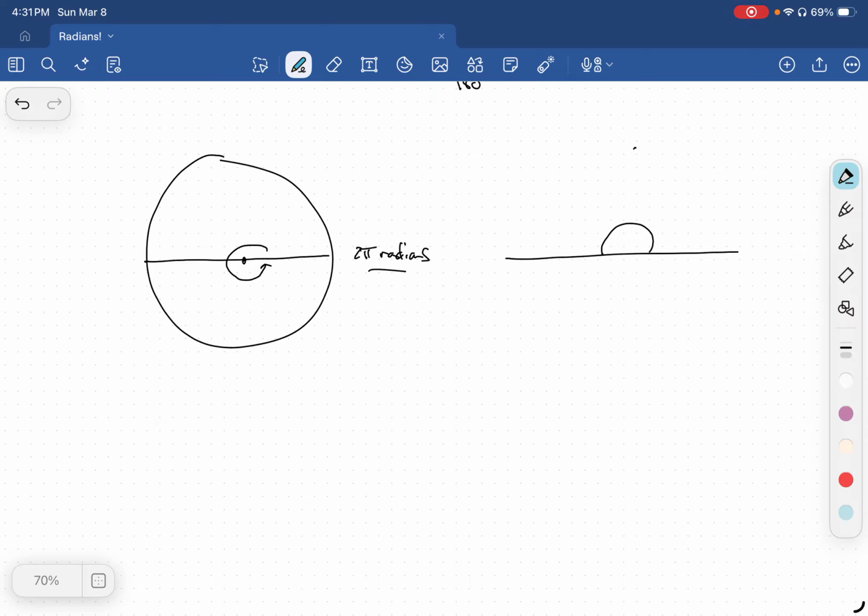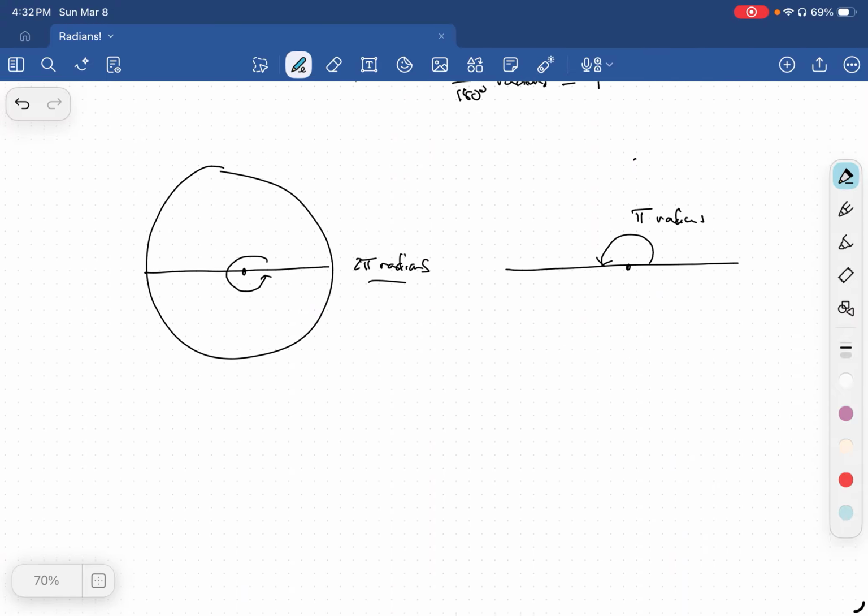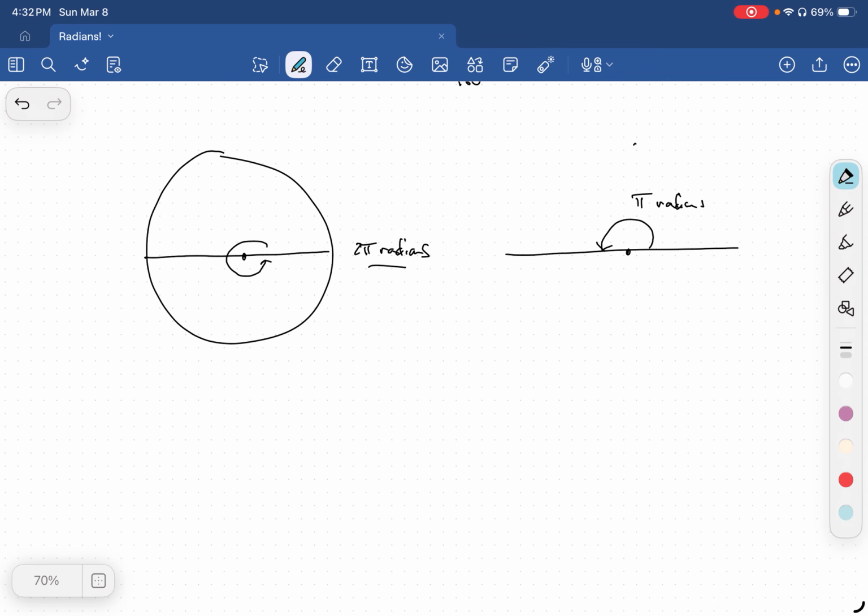Halfway around a circle, that would be pi radians, right? And you saw in our drawing up here that when I drew the radii out, when I got to 3, it should have been a little bit less than 180 degrees. So 3.14159, etc., would be exactly 180 degrees, or pi radians.